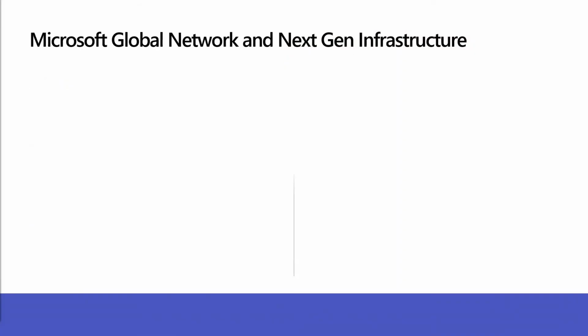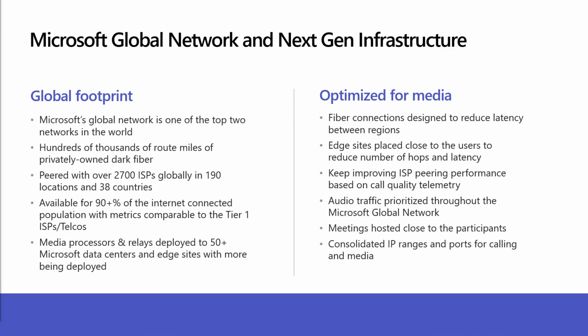You may be surprised to hear that Microsoft is one of the largest networks on the planet. You don't think of Microsoft as a network provider, and ultimately we're not, but we have data centers across the globe. And so we need to get them all connected at super high speed, super low latency networking.